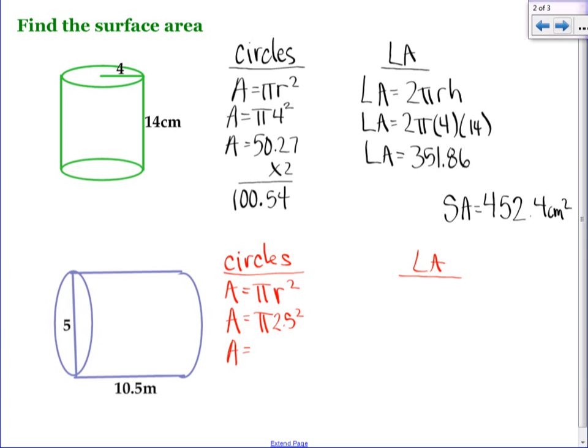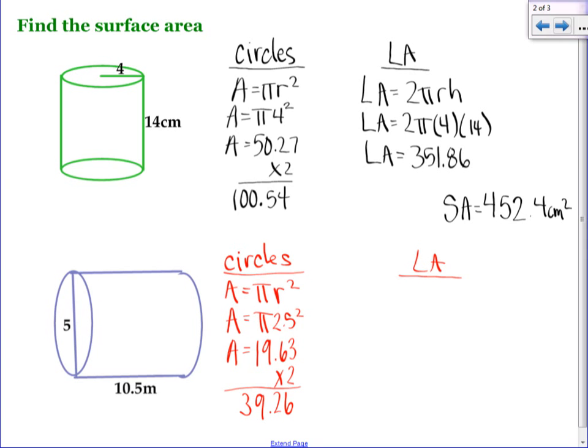What's the area of a circle? What's the number? 19.6. Okay, we'll double that because there's 2 circles. What do we get? 39.26.